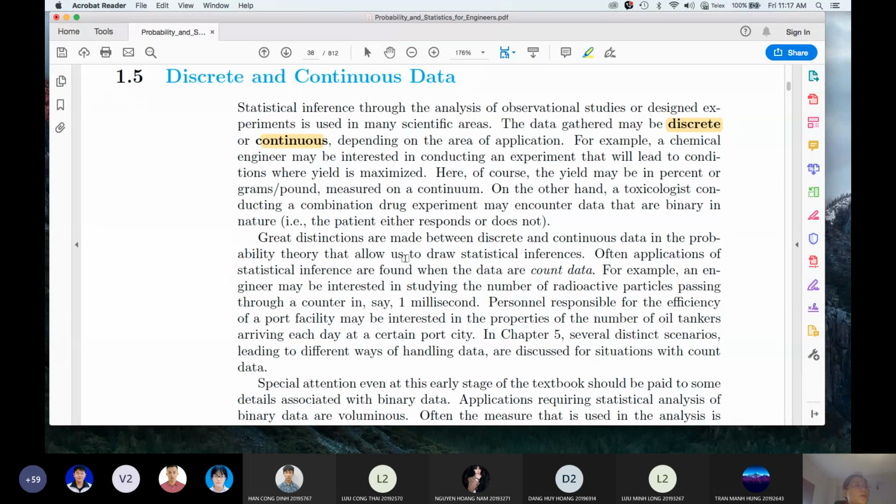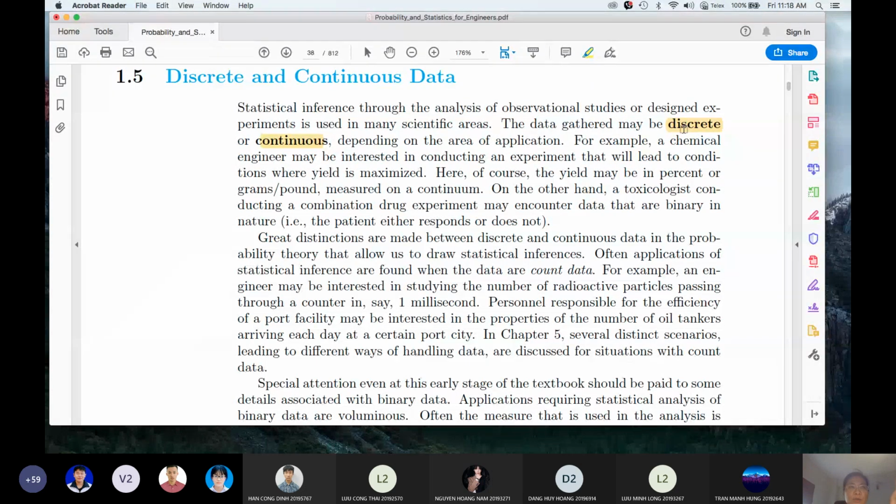The values of data that we can count are called discrete data.